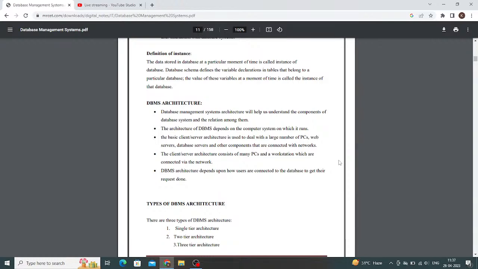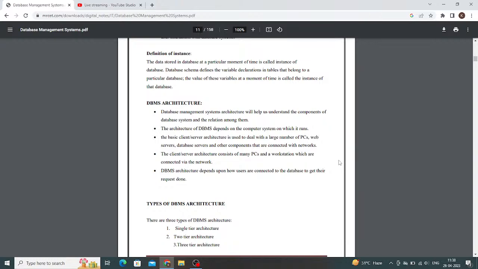Database architecture. Database management system architecture will help us understand the components of the database system and the relations among them. The architecture of a DBMS depends on the computer system on which it runs. The basic client-server architecture is used to deal with a large number of PCs, web servers, database servers, and other components that are connected with networks.